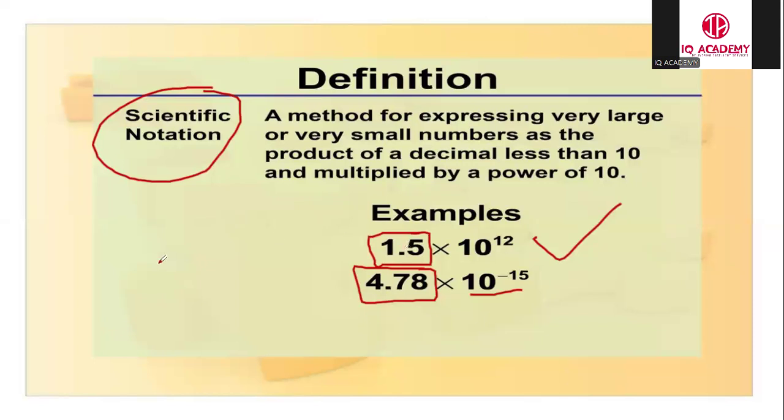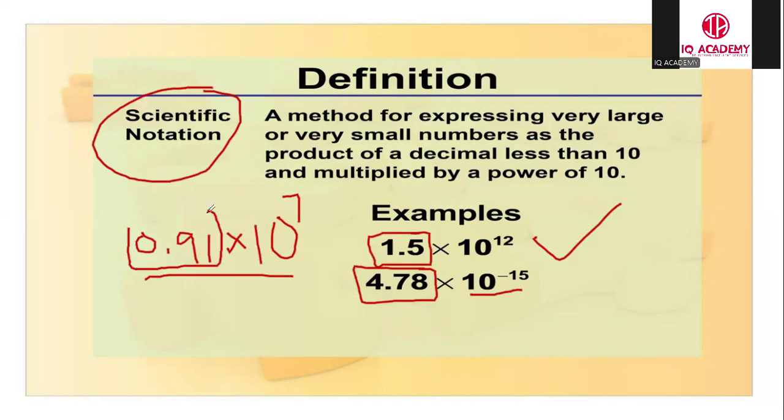So if I have 0.91 multiplied by 10 to the power 7, it's not expressed in scientific notation. Why? Because the number that I've put in front here is actually less than 1. The number that should be here should always be greater than 1 but less than 10. So this is not scientific notation.